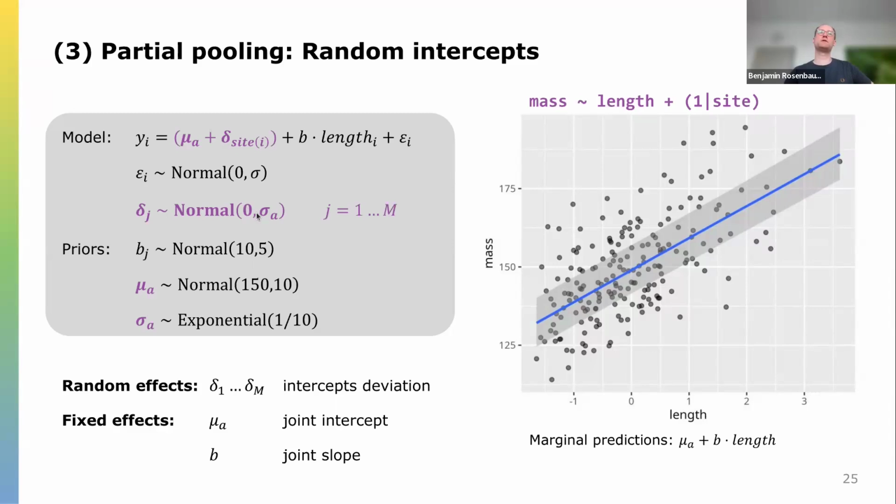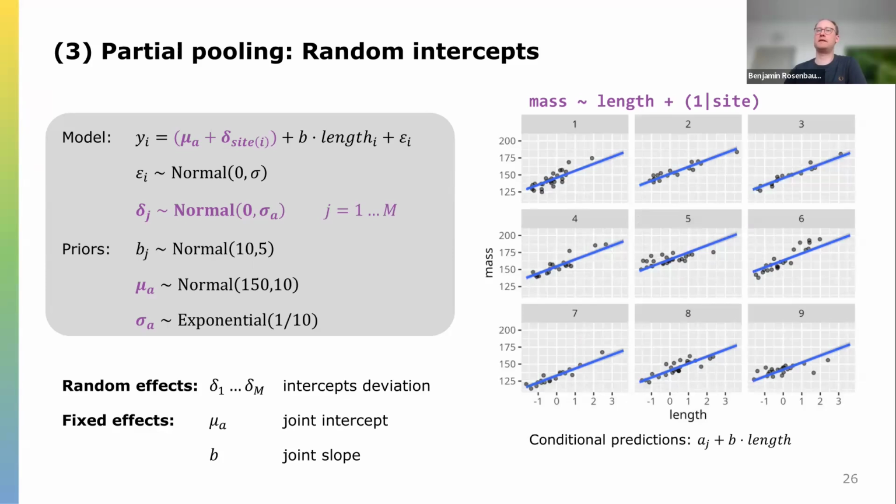It's the same normal distribution, but now with a mean of 0. It's the same model. So this basically gives me these site-level regression lines. The slope is the same, but the intercepts are allowed to vary, not completely independently, but in this random effects framework.